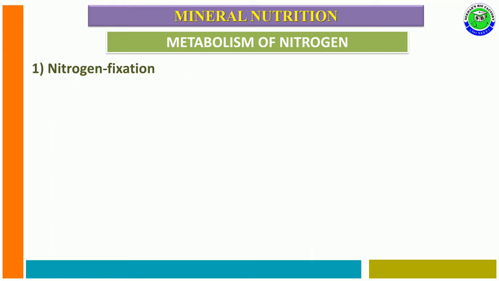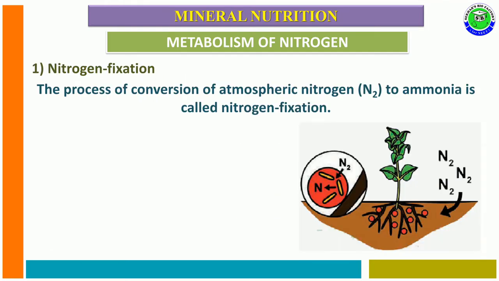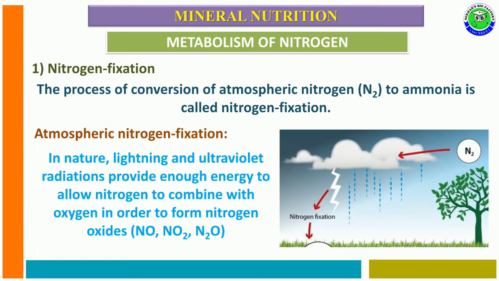In the first step, nitrogen fixation, the process of conversion of atmospheric nitrogen into ammonia that is available to plants is called nitrogen fixation. But this nitrogen fixation may take place by various methods. The first method is atmospheric nitrogen fixation.